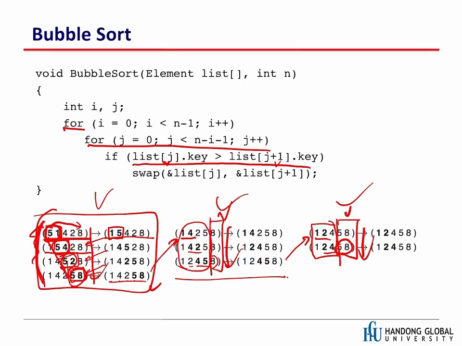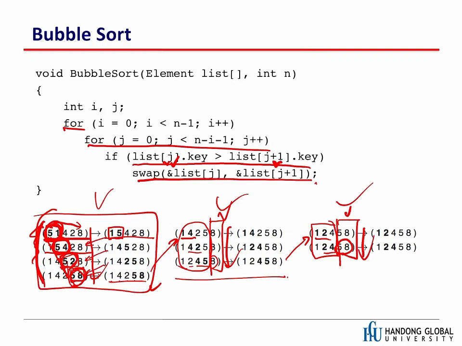In this example, when j is 0 and j plus 1 is 1, we compare 5 and 1. In the next iterations, we compare 5 and 4, 5 and 2, and 5 and 8. So we compare the current one with the next one, and if the current one is larger than the next one, then we swap. So this is the algorithm and implementation of bubble sort.